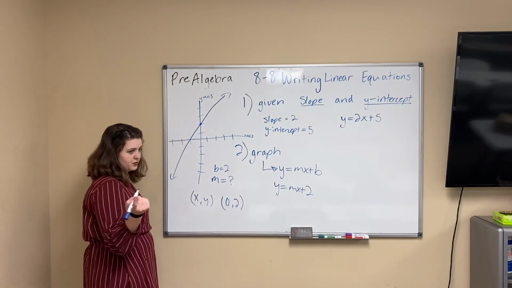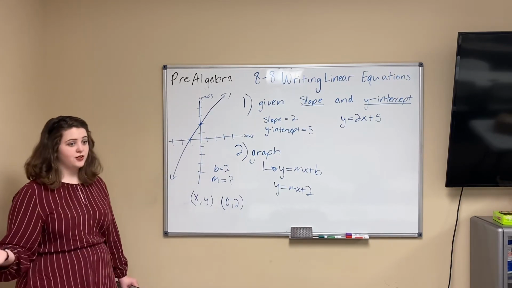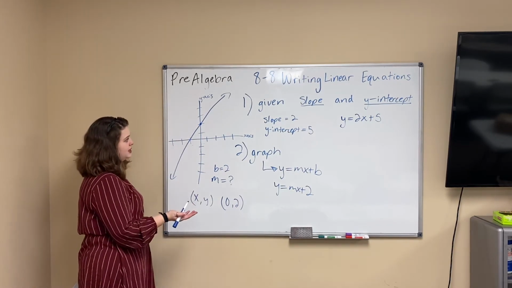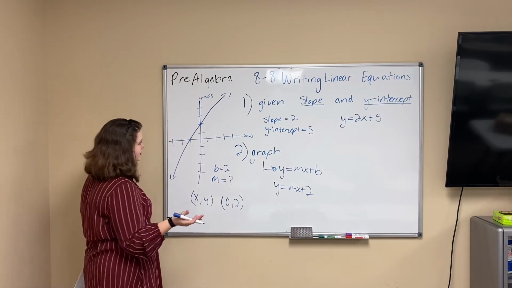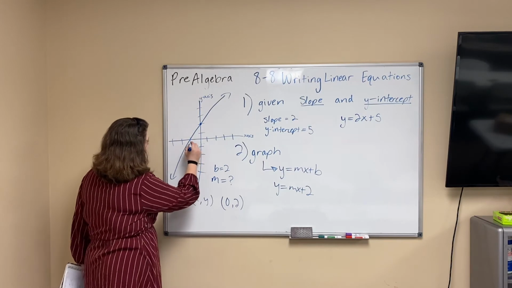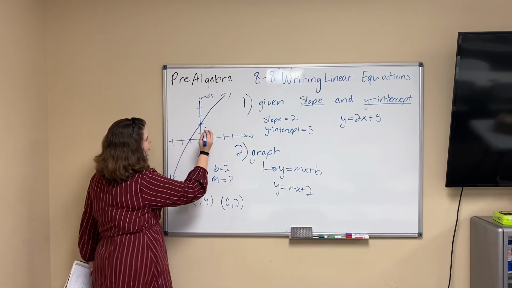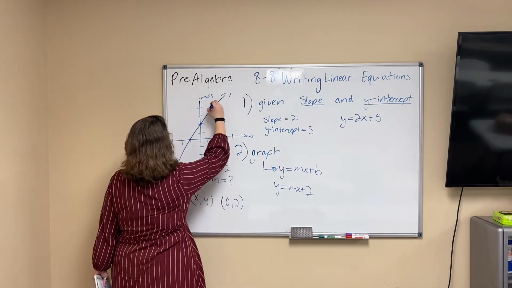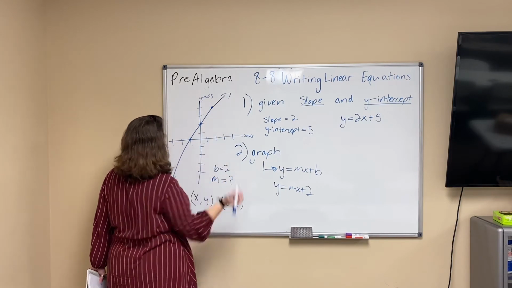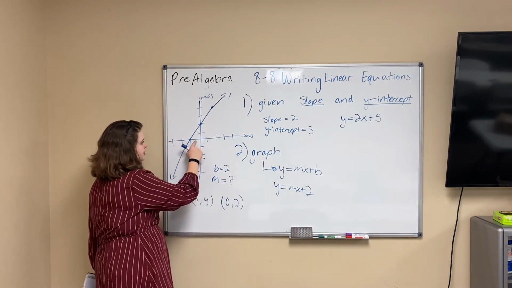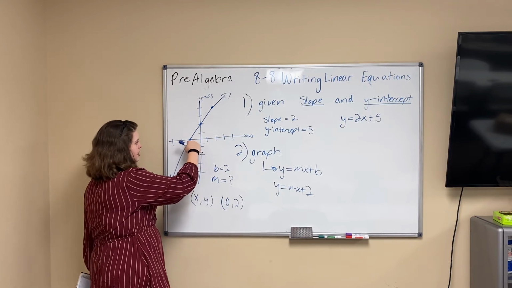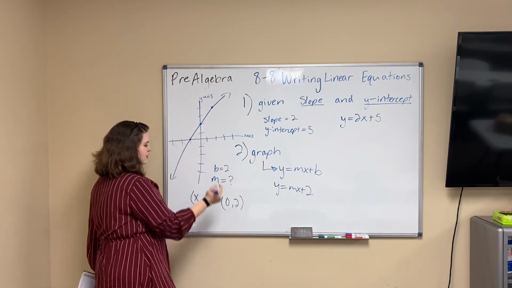That's our first ordered pair. For our second ordered pair, you're going to have to just look at your graph and look for another point that seems obvious. Either way, I'm going to use this one. This one looks like it's -1 and then 0.